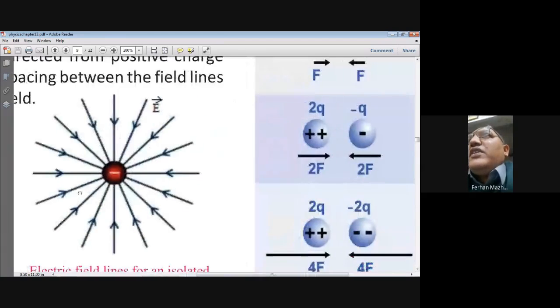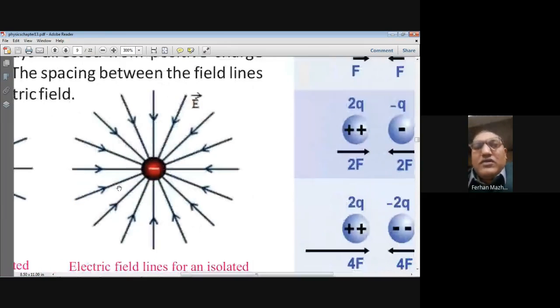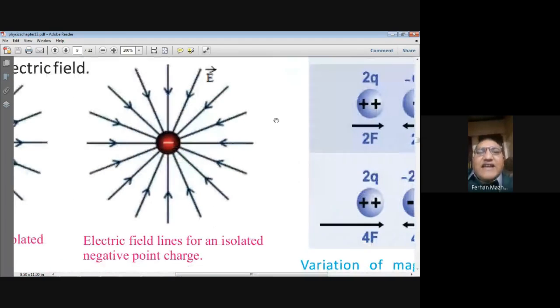Here you see on your screen, I have a negative charge. You can see that these are imaginary lines and they go into the negative charge. These imaginary lines around a charged body are known as electric field lines, or we call them electric lines of force.